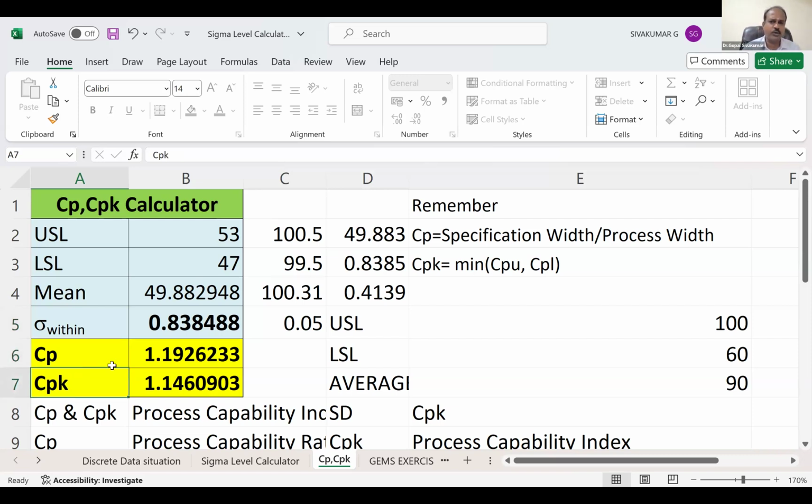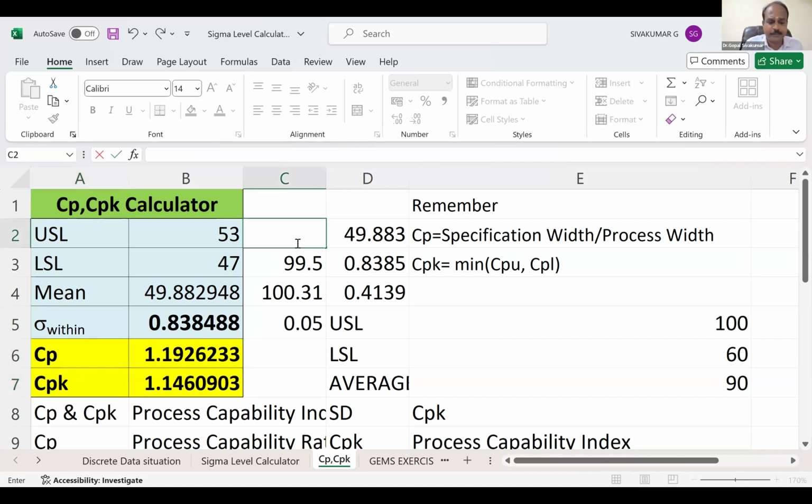Please note, I hope you all remember, when your process is doubly capable, CP, CPK will be equal to 2. When your process is just capable, CP, CPK value will be equal to 1. So, the industry standard is, let me type here.